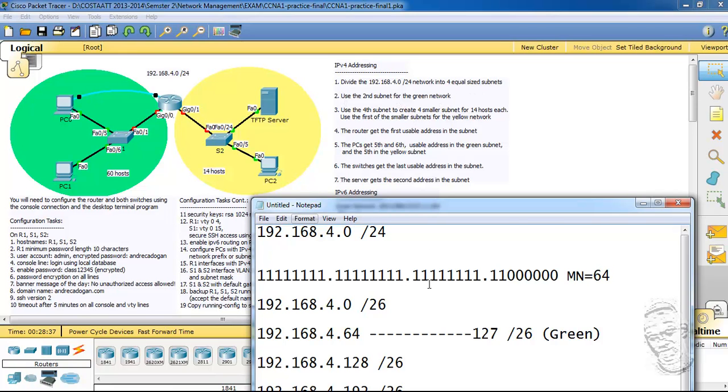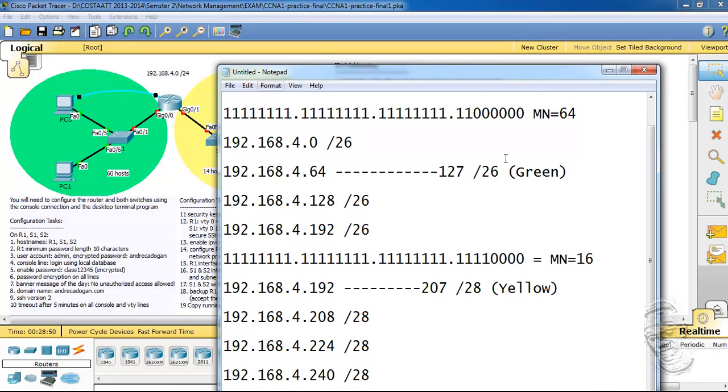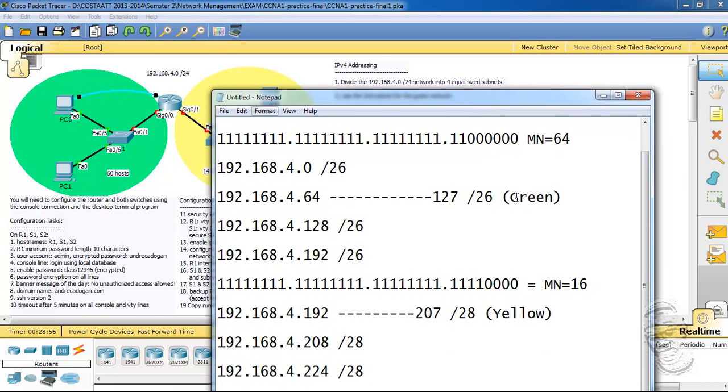First, to divide it into 4 subnets, and we arrive at the magic number of 64. Then they asked us to subnet the last subnet further into 14 hosts, which gives us a magic number of 16. You get 14 hosts with a magic number of 16 because one goes towards the network ID and the other towards the broadcast IP.